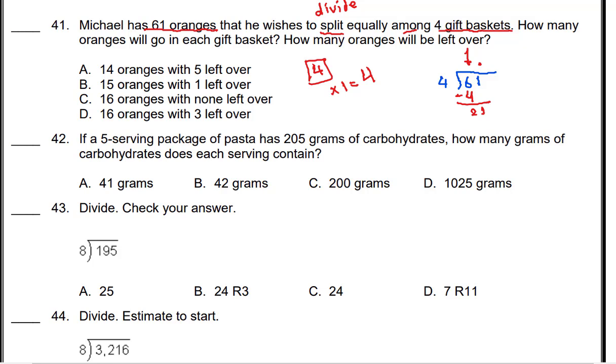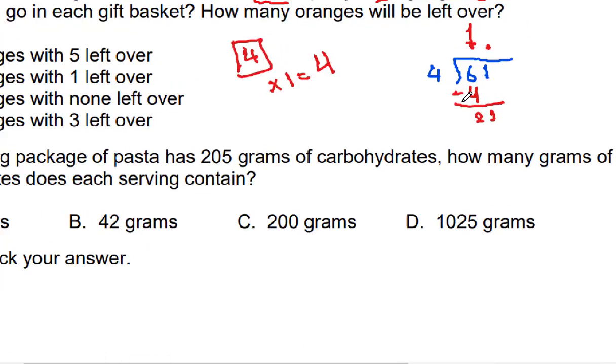Drop the next digit. We drop down the 1, right? Yes. So now it's 21. 21 divided by 4. I will make this a little bit larger so you can see better.